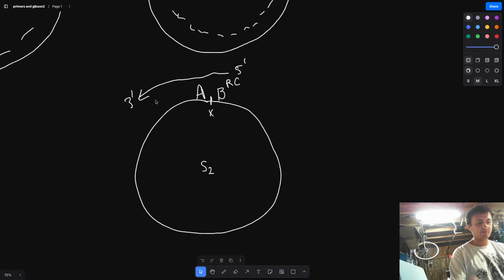So what's our second primer? B, right? Because we have BRC. So B is going to go here. Now B, because 5 prime is going counterclockwise, the strand is going to have 5 prime here going 3 prime.